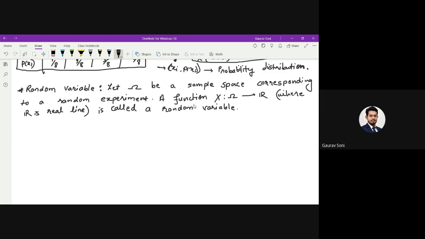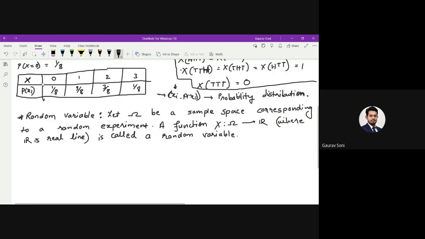So there are two types of random variables. If the random variable takes discrete values, just like in this example, where it was taking just 0, 1, 2, 3, these are discrete values. Such random variables are called discrete random variables. Say I have a population under study, so my sample space is the people living in Pune.